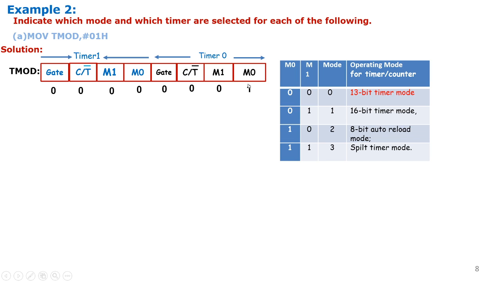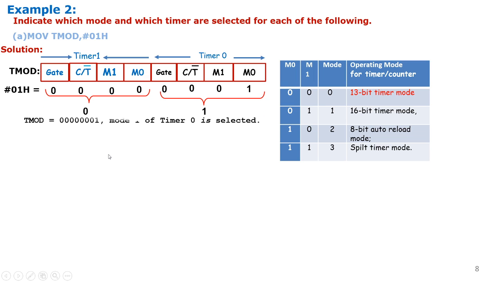So for this 01, the 16-bit timer mode, that is mode 1, is used. So TMOD will select mode 1 and timer 0 selected.